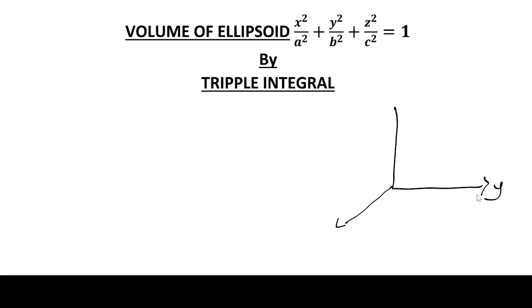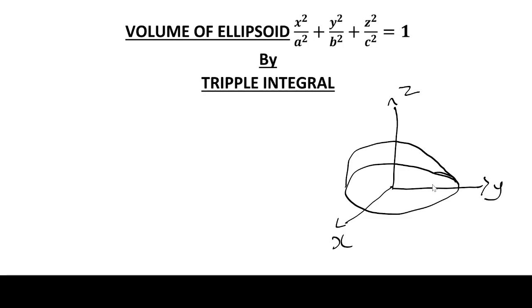I will take y-axis, x-axis and z-axis. An ellipsoid is a three-dimensional structure that is an extension of an ellipse in 2 dimension to 3 dimension. So something similar to this, we'll get an ellipsoid.